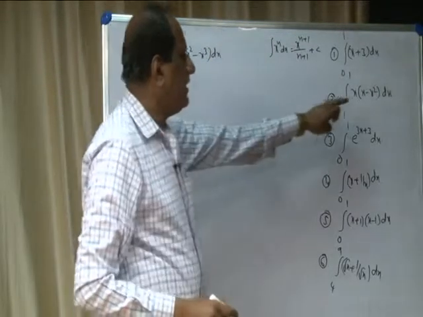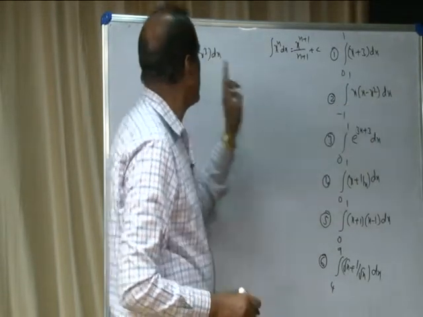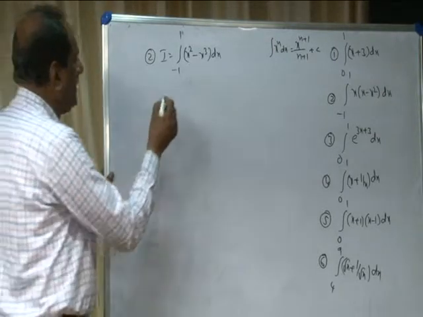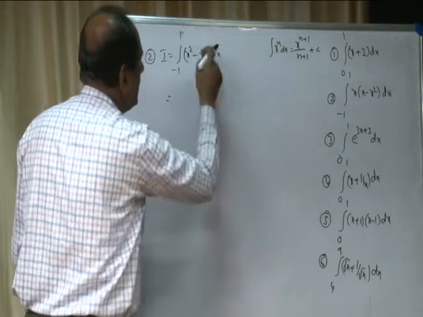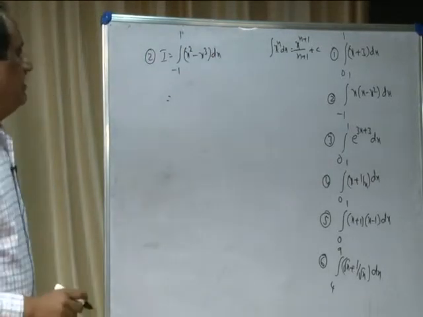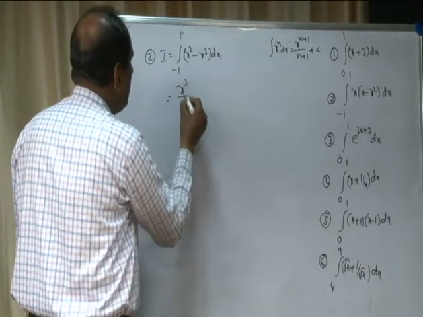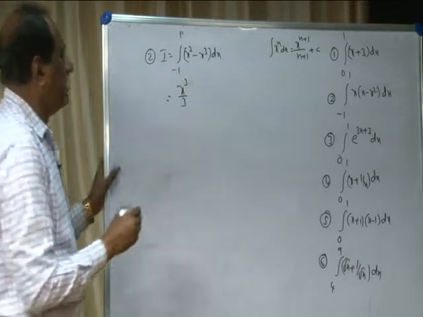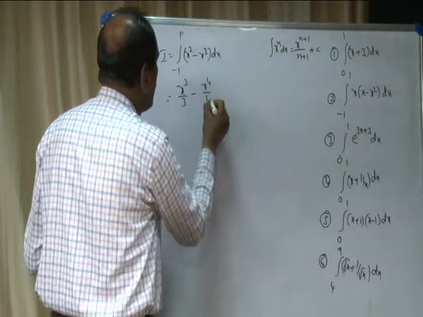Now term by term integration, same formula, x power n. x square integration is x cube by 3, minus x power 4 by 4.